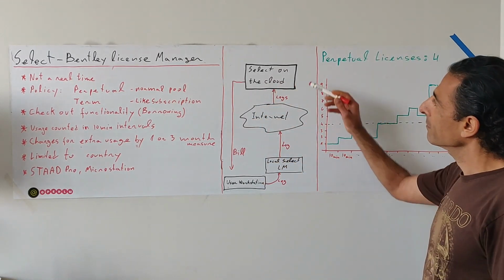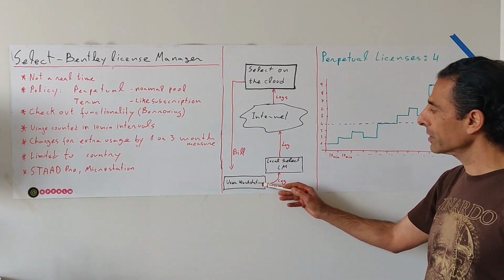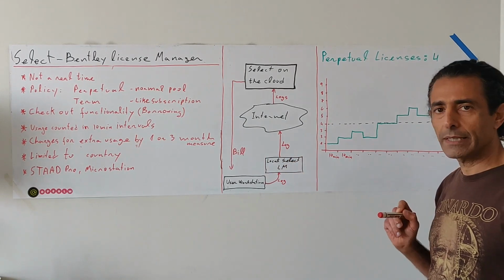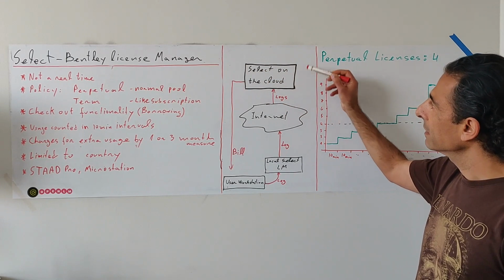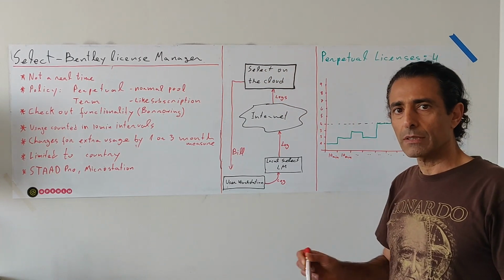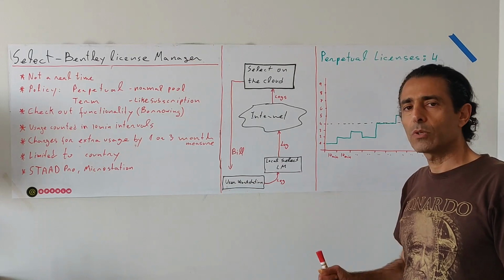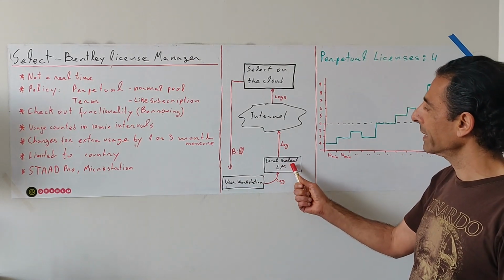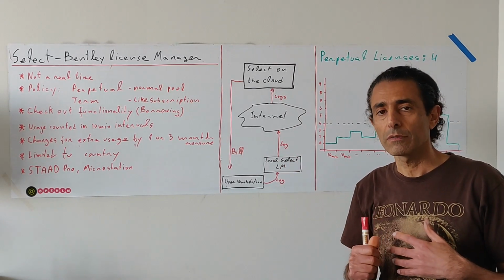So let's look here. We have the user workstation. Then we might have a local Select license manager, and we have a Select license manager on the cloud. That's a central one. Now, the user workstation will try to get a license, and regardless of whether it's able to connect to the local Select license manager, it will work.